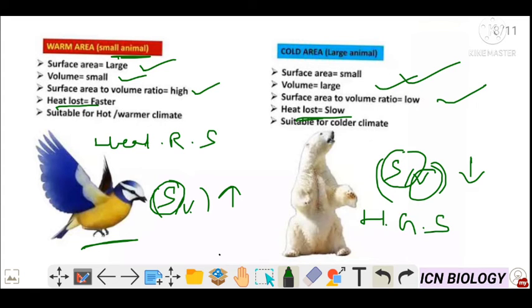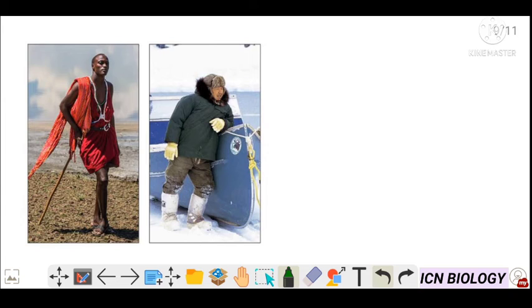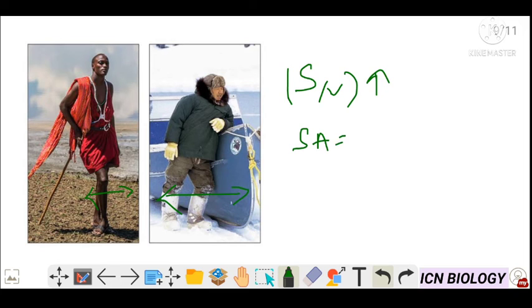Okay, this is another example of Bergmann's rule. This is a man having smaller body size and another man having larger body size. The man having smaller body size, due to smaller body size, their surface by volume ratio is high. If their surface by volume ratio is high, then their surface area is also high.